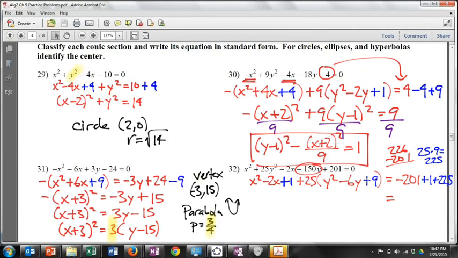That's going to be, oh, nice number, 25, perfect square. So I have x minus 1 quantity squared plus 25 times y minus 3 quantity squared. Divide everything by 25, and I am done.